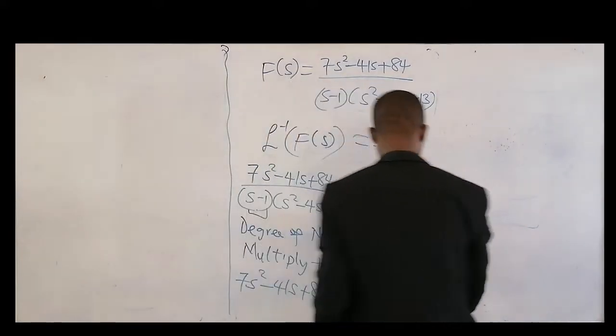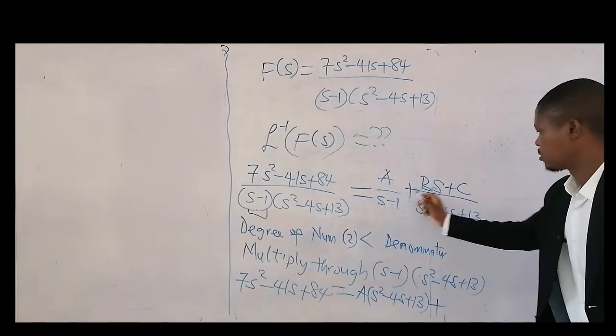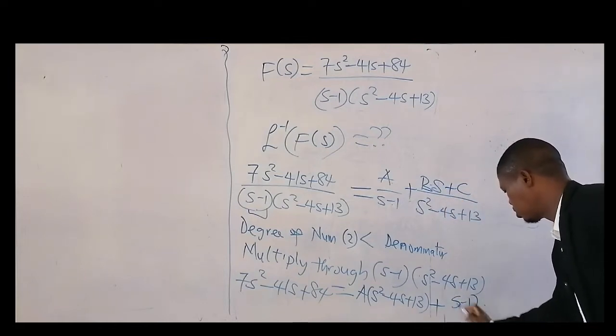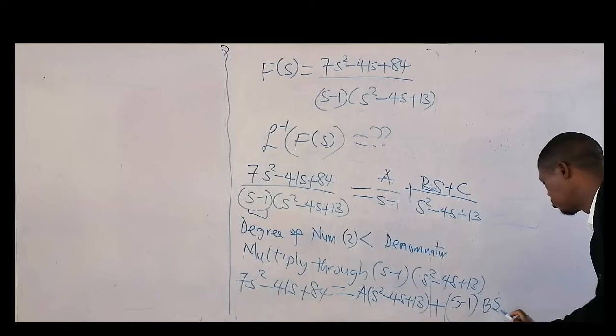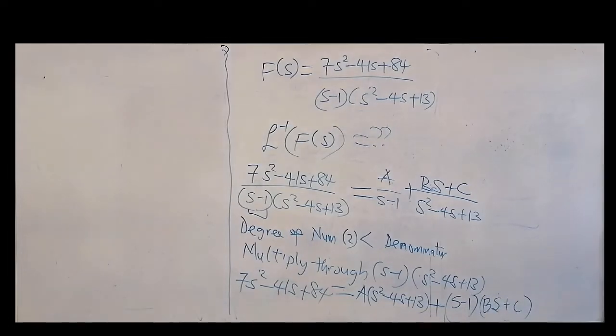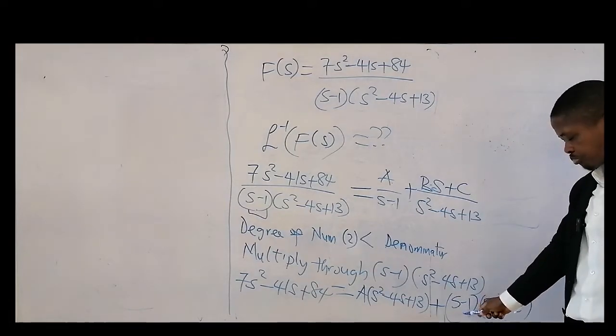Then plus this one times this one, that's (x minus 1) into bracket Bx plus C.